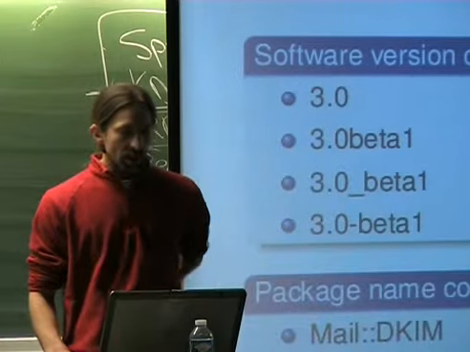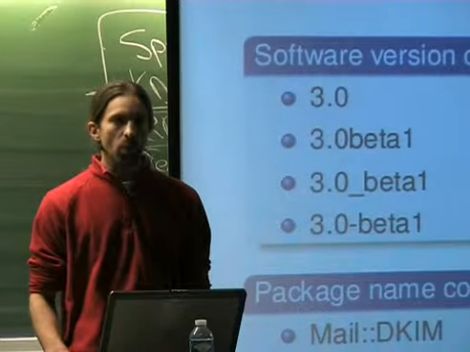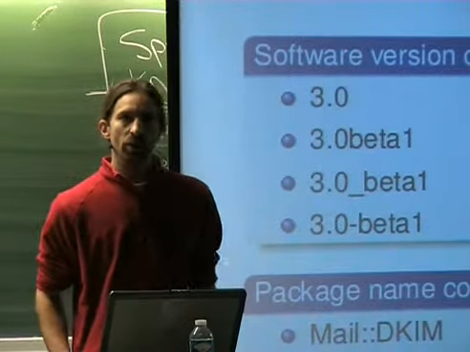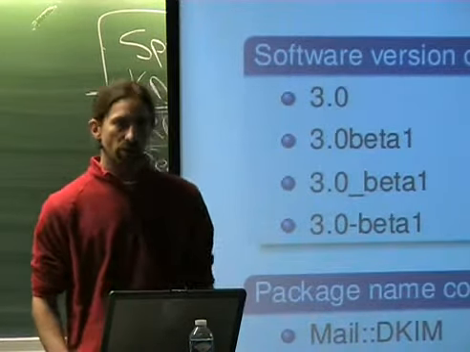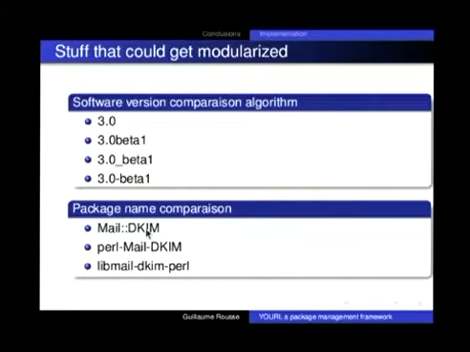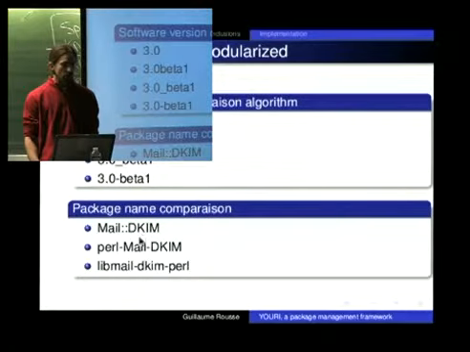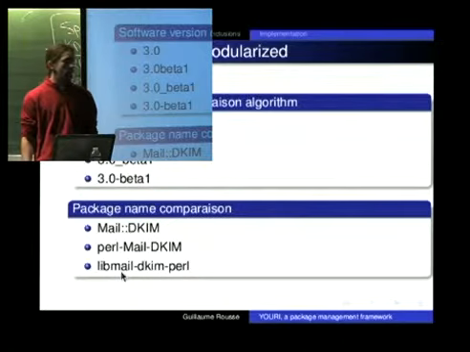Another thing that could be interesting is a possibility to compare package names between different distributions. For instance, this is a Perl package, or in Perl language, a Perl distribution, with its upstream name. That's the way that the corresponding package name will be called in the Mandriva or Fedora world, and that will be the corresponding package name in the Debian world.